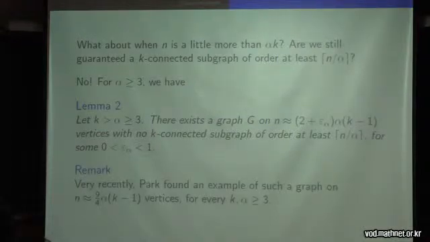And she actually found a better example. I think we checked and we didn't find any mistakes, and so she managed to increase the 2 plus epsilon up to 9/4. And in fact, we don't need the k more than alpha here.